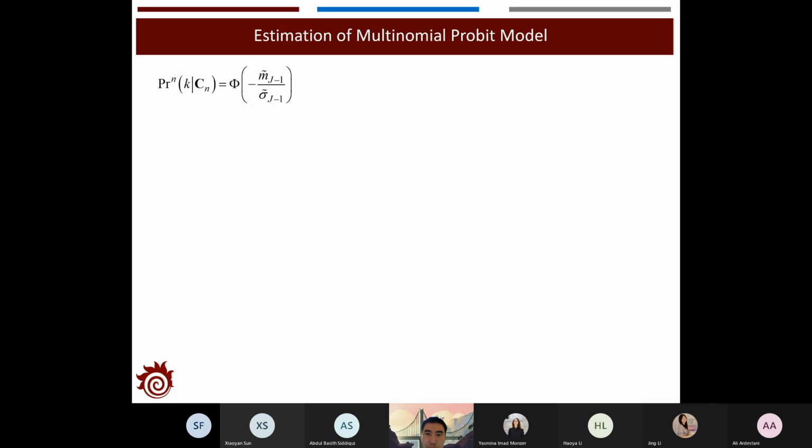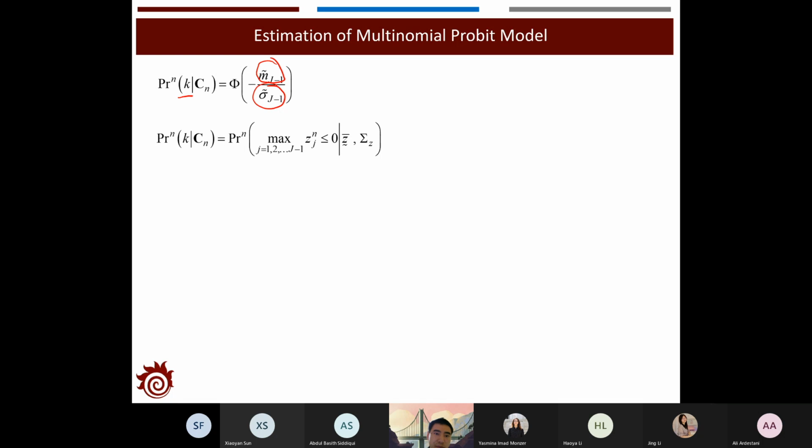Based on the probit model, we can define that the probability of choosing the mode k is a function of mj minus 1 and sigma j minus 1, which would be the mean and standard deviation of the normal distribution, and this one is related to the random terms that we defined for each alternative.